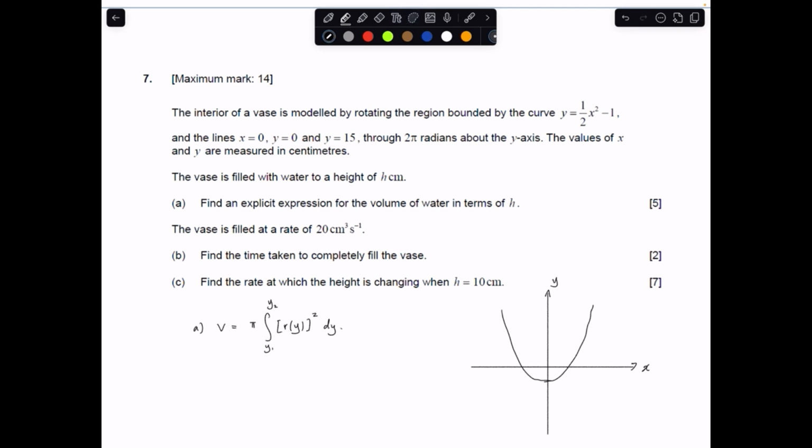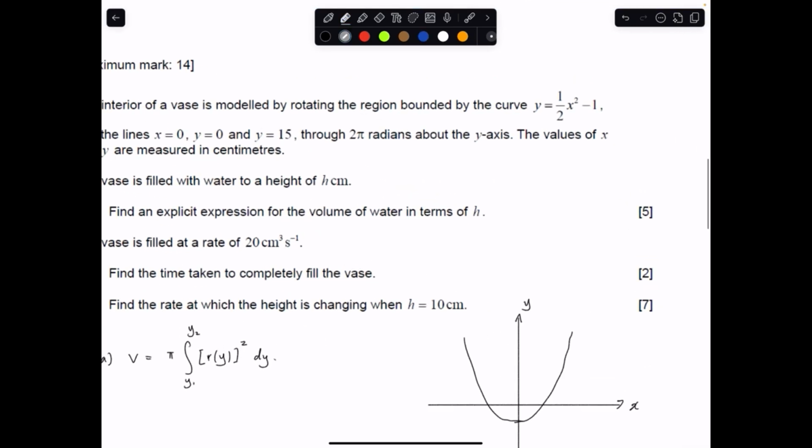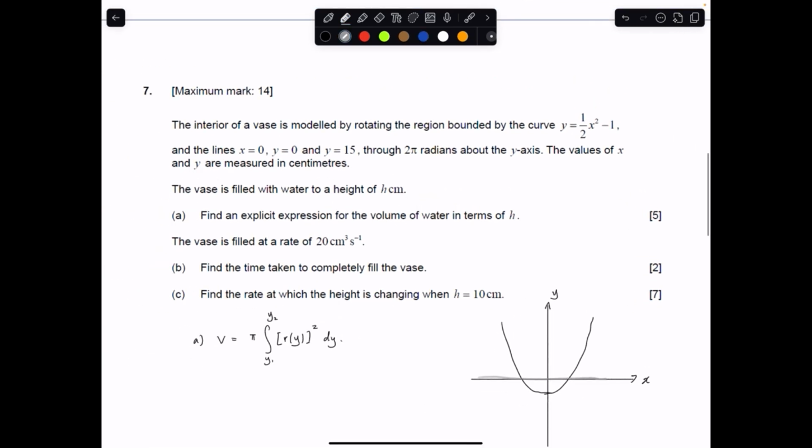And it's bounded by the lines x equals 0, y equals 0, and y equals 15.